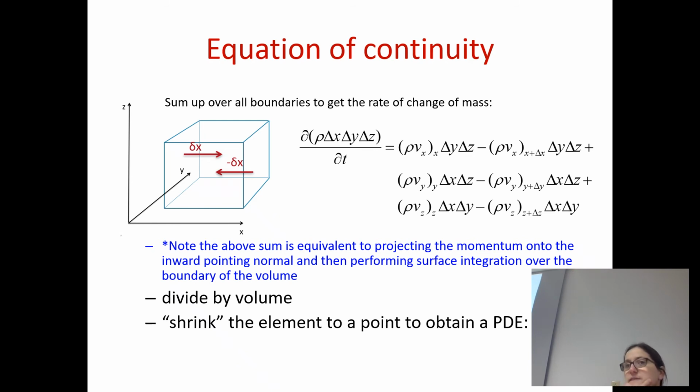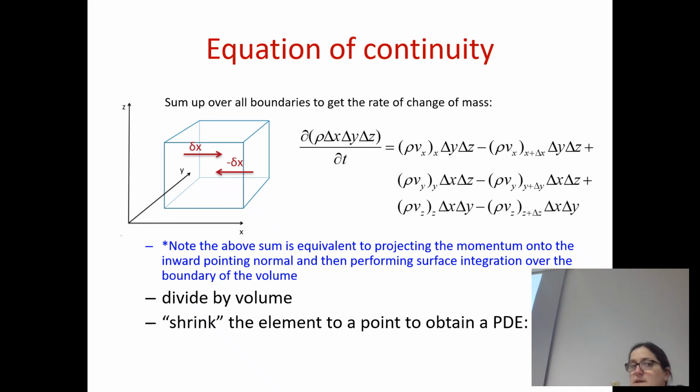Negative partial derivative with respect to x of rho vx. Yes? Take a moment to see that, find that. If you have trouble seeing it, call me please, and I'll come and take a look. Again, this is one of the standard things we do in shell balances. I want you to have that down.